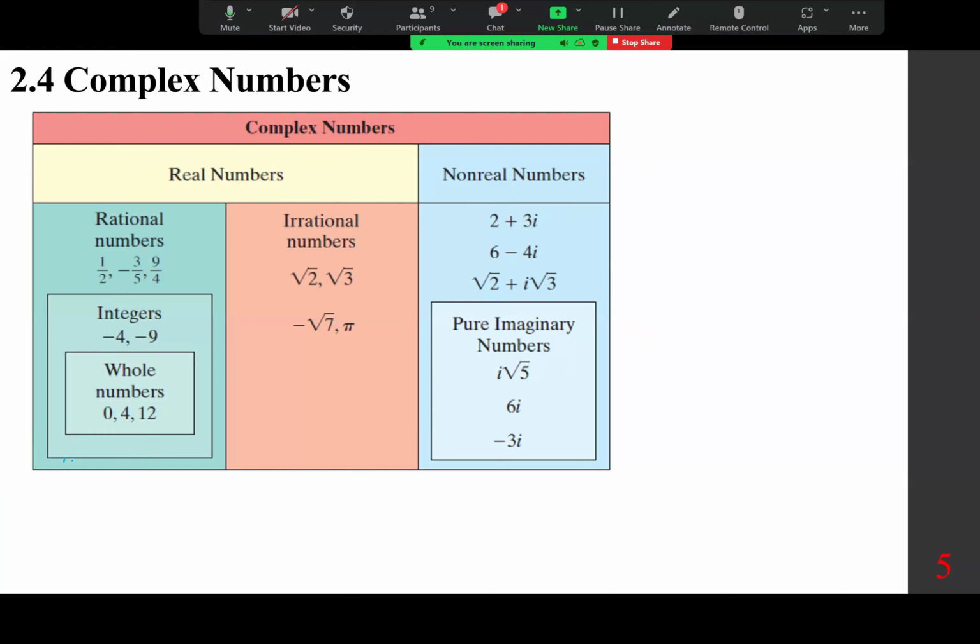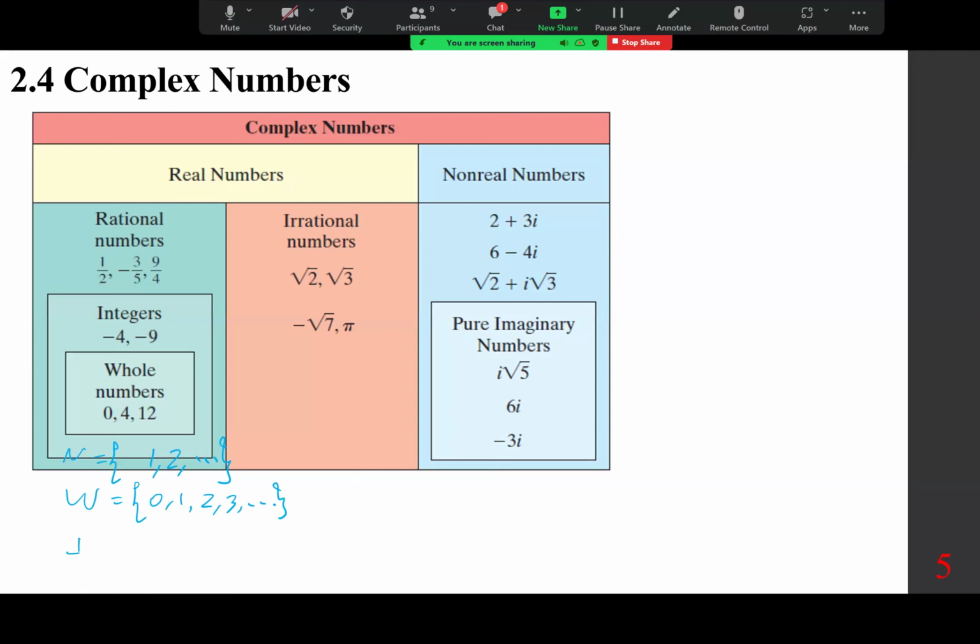So again, quickly reminding you of the following. We have natural numbers, 1, 2, continues indefinitely. Natural numbers, I mean, there is no 0. We have whole numbers, 0, 1, 2, 3.